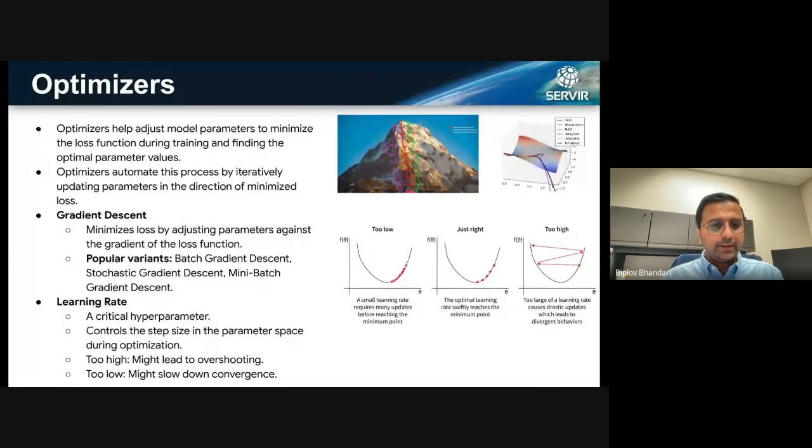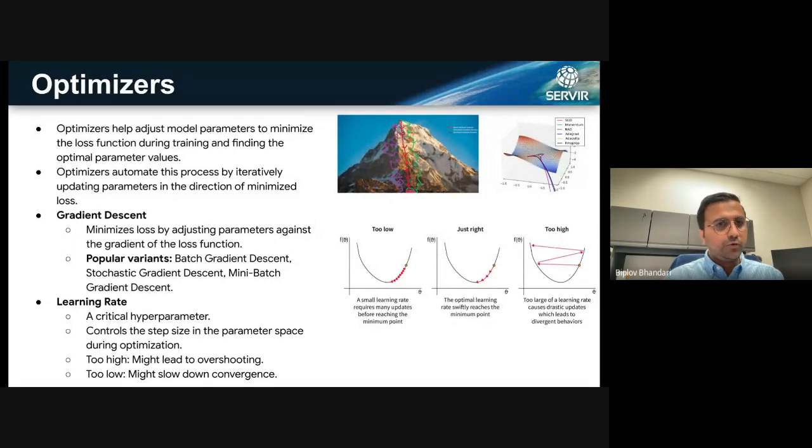Okay, so the next important concept is the optimizers. Once you know your error or the difference associated with it, you calculate a gradient based on your input, your desired output and the output from the network.